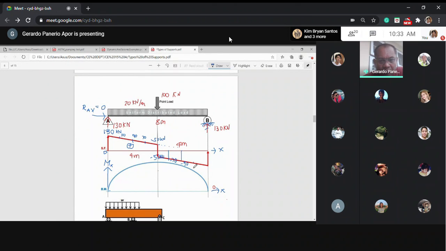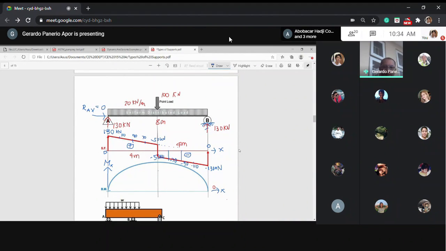And then here you have negative 110. And the last, you have negative 130 kilonewton. And then exactly here, doon naman sa vertical arrow, which represents the reaction amounting to 130 kilonewton, and that is directed upward, it goes back to 0. That means if this is the negative area, it goes back to 0, like that.